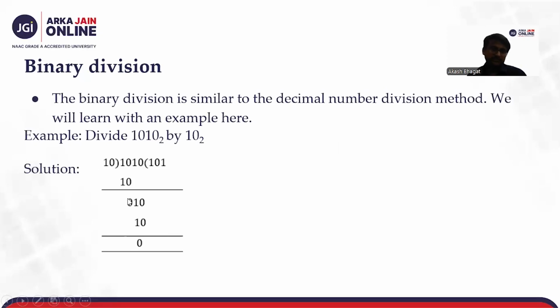So this 1 0 is getting divided by 1 0 one time, 1 0 into 1 is 1 0, and the result is 0. This is binary division.